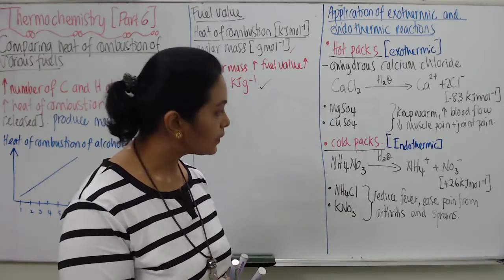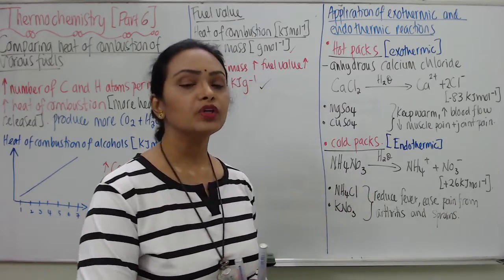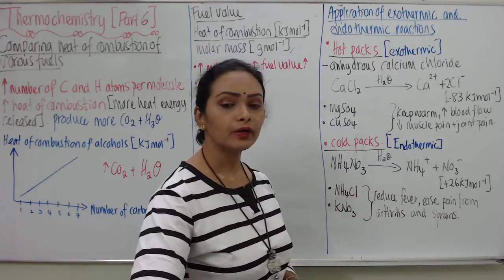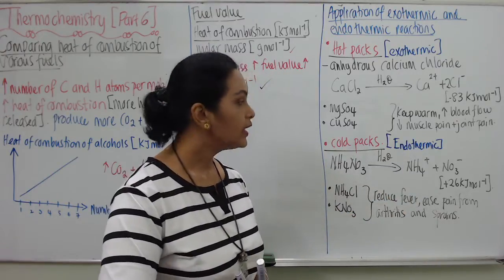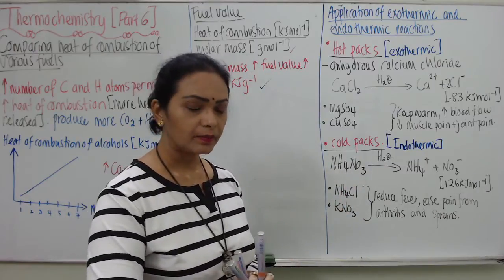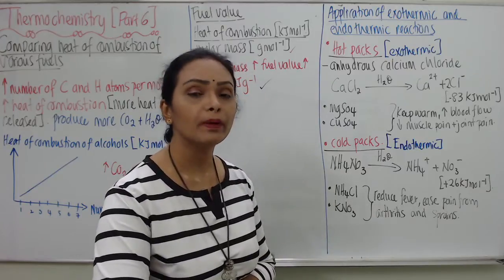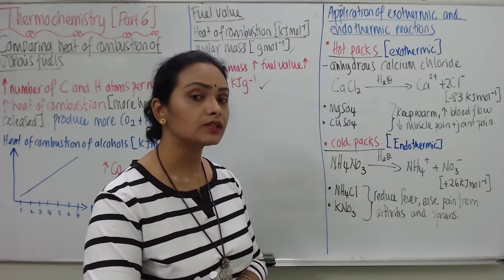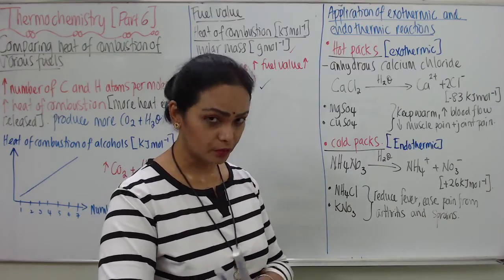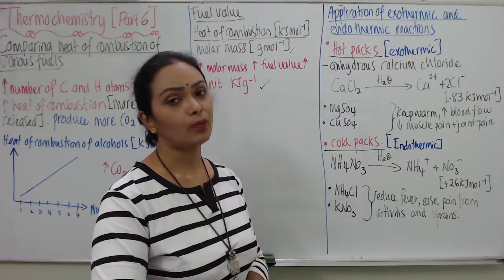The example of cold packs is ammonium nitrate, which when dissolved in water will produce ammonium ion and nitrate ion. The heat value is positive 26, which means it absorbs 26 kilojoule per mole of heat energy from the surrounding. If you leave it on your body, it will in fact absorb heat from your body.